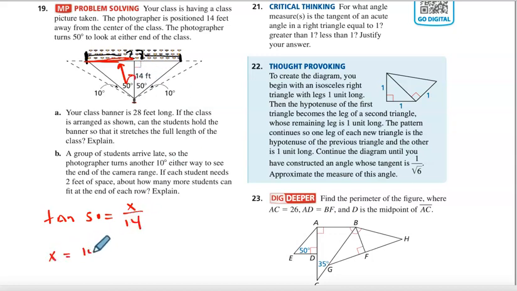So x is going to be 14 times the tangent of 50, which is approximately equal to 16.68, and I'll multiply that by 2, and so this whole thing is about 33.37 if I do that. Okay, so will it work? Yes.